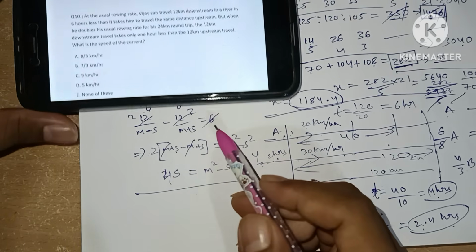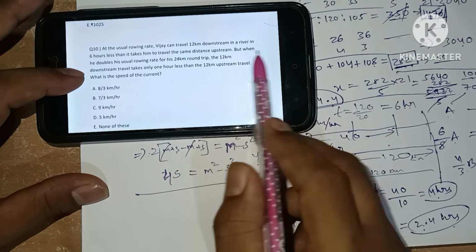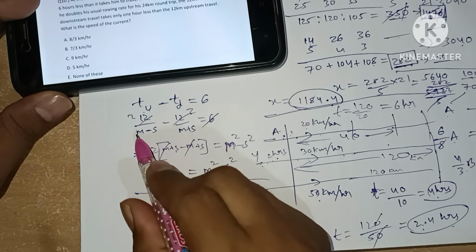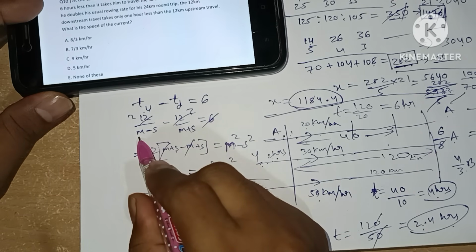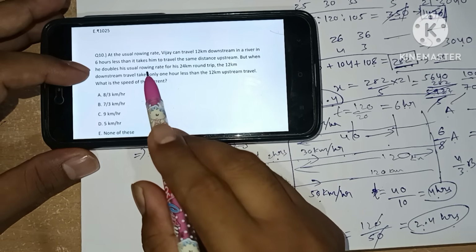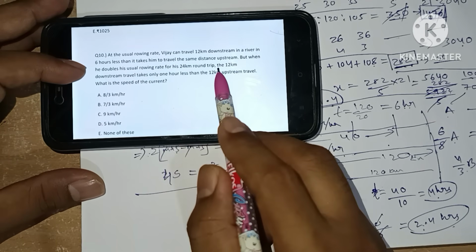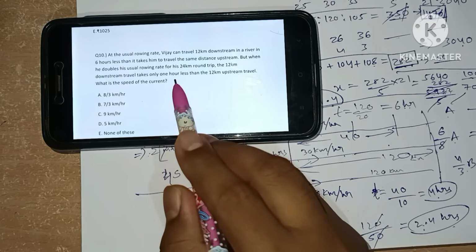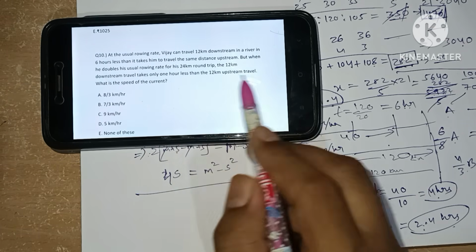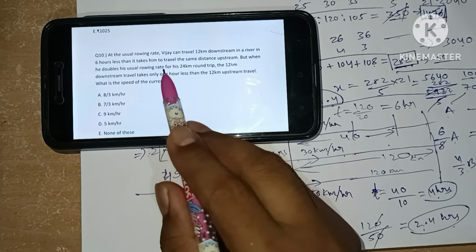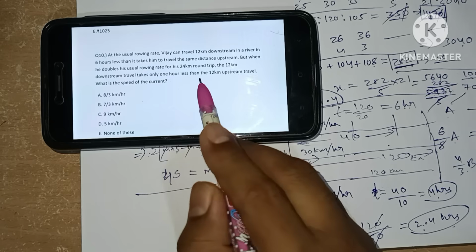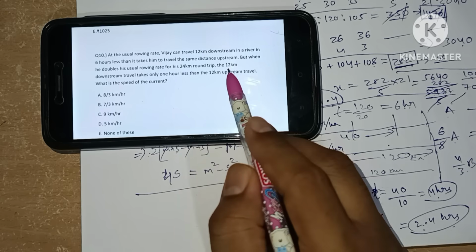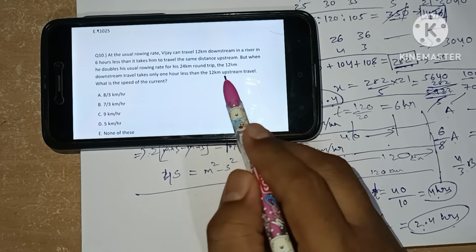Next, when he doubles his usual rowing rate, meaning instead of m we take 2m, then traveling 12 kilometers downstream takes only 1 hour less than 12 kilometers upstream. So downstream 12 kilometers and upstream 12 kilometers.